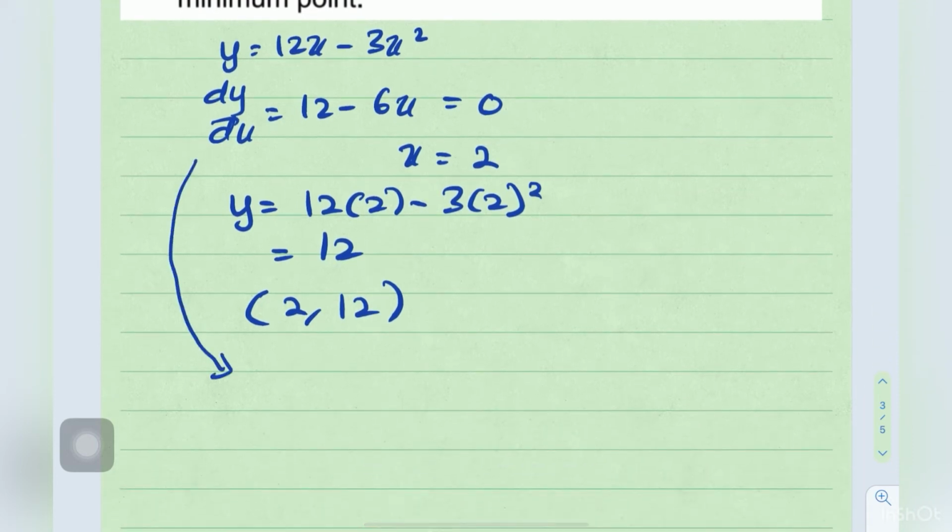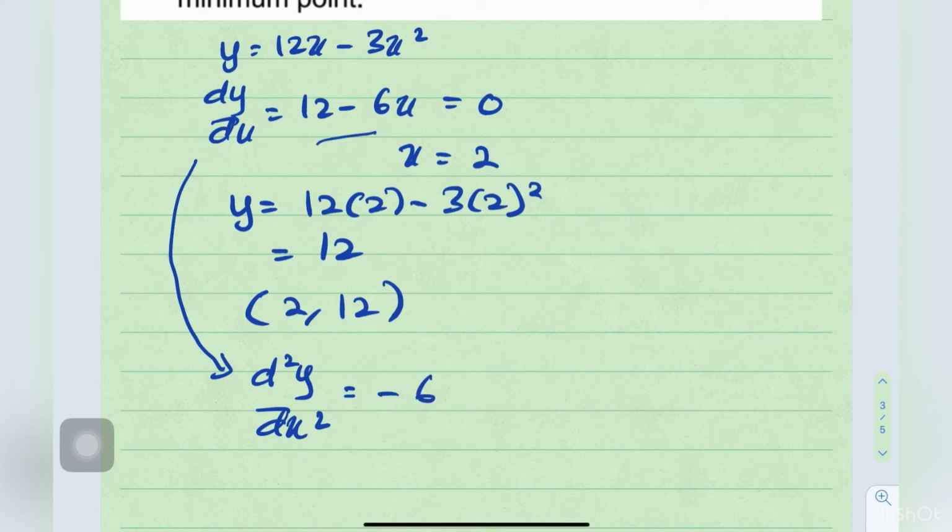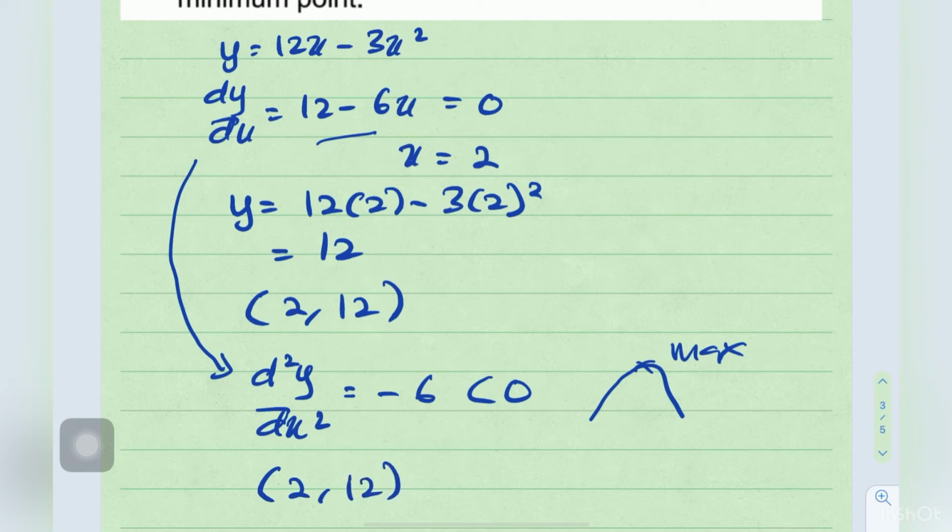We find the second derivative: d²y/dx² equals negative 6. Negative 6 is less than 0, so it is a maximum. Therefore (2, 12) is a maximum point.